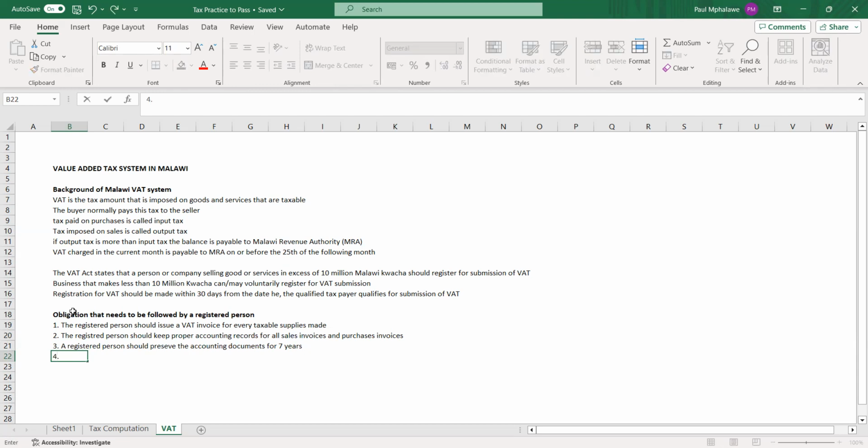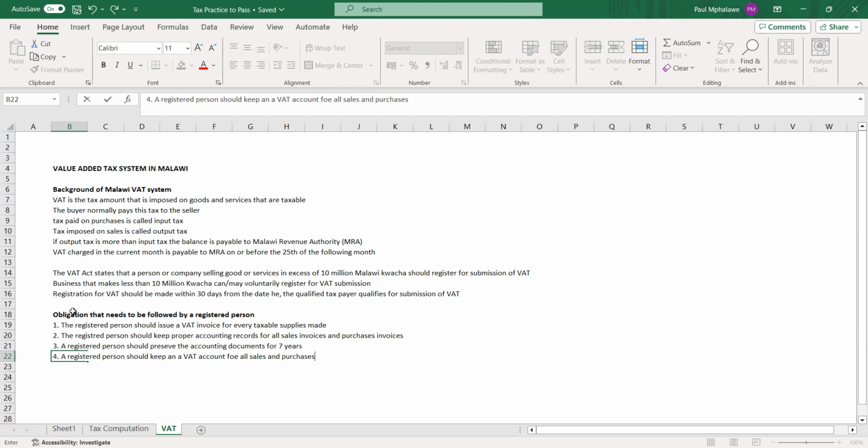Number four, a registered taxpayer should keep a VAT account for all sales and purchases. You should keep a VAT account when you make a sale.